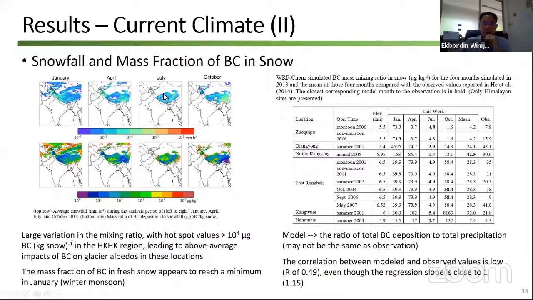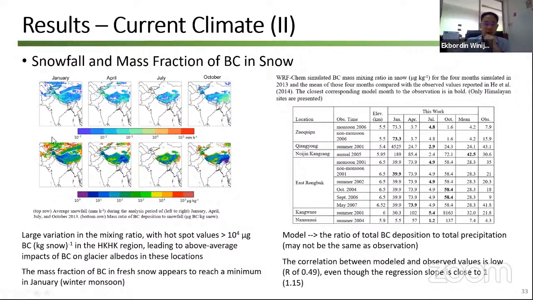Okay, for the current climate, after we estimate the concentration, we divide the black carbon concentration over the precipitation, and then we also estimate the mass fraction of BC in snow, because we want to know how much BC deposits in the snow, and that will tell us how much impact the BC will have on the absorption of incoming solar radiation, right?